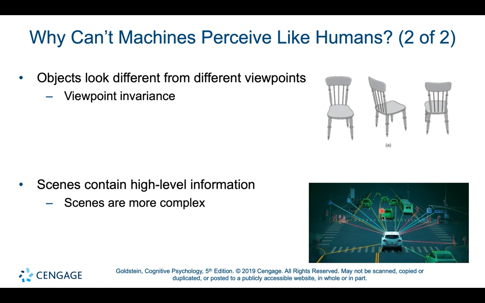So this green car ahead of us is still the same car even after we change lanes, even though the retinal image changes. The angle of the car is here, it's angle 1. And if I move to the right one lane, now I have a different angle, angle 2. The retinal image has changed, but we still need to perceive this as being the same car.